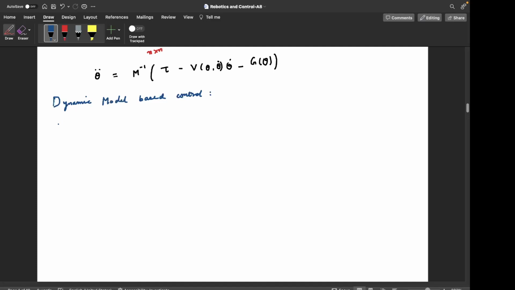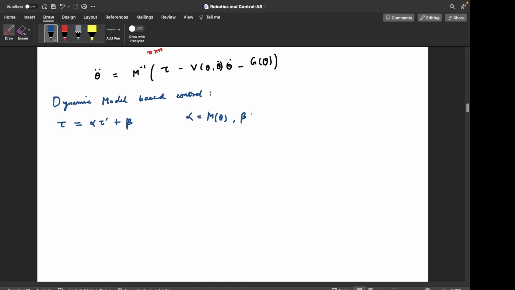So what we do is we say that let's write the commanded torque as alpha times tau dash plus beta. And what are these alpha, beta and tau dash? So alpha is the joint space inertia matrix, right?